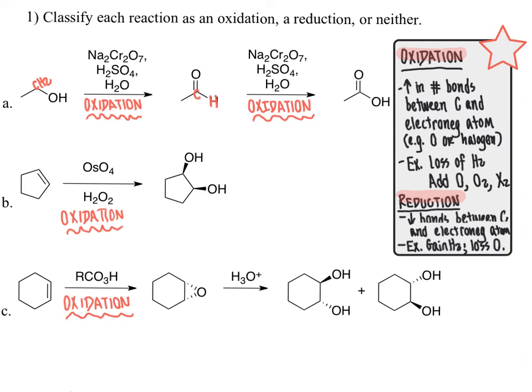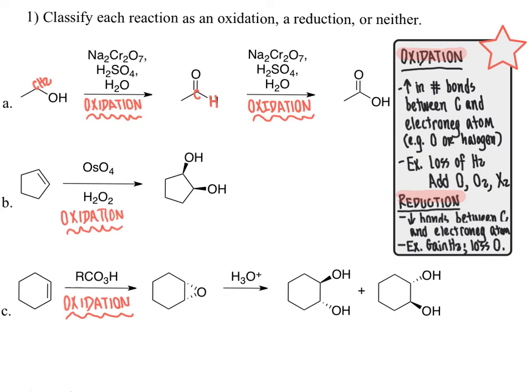In the next part, we start the reaction with 2 bonds between carbon and oxygen here and here, and the product still has 2 bonds between carbon and oxygen here and here. All that has happened in this reaction is that we've broken open this epoxide ring.